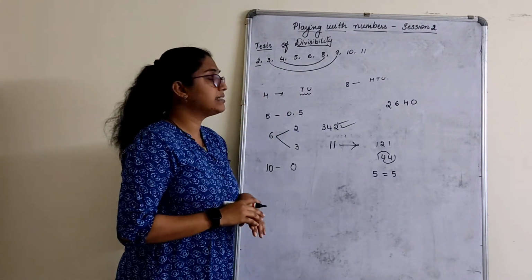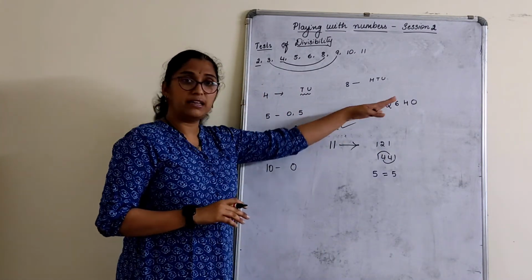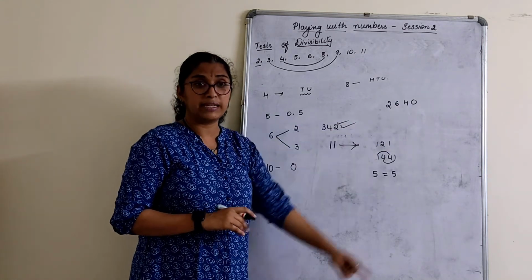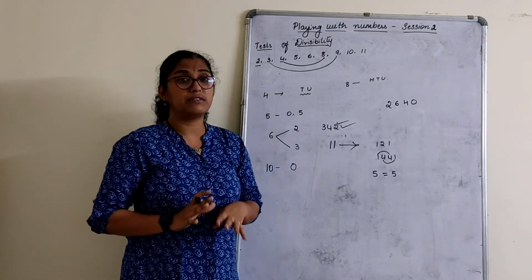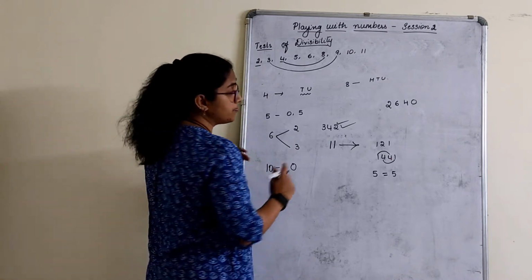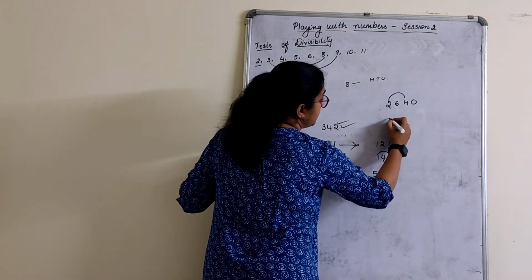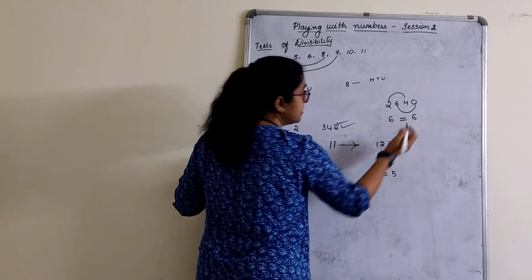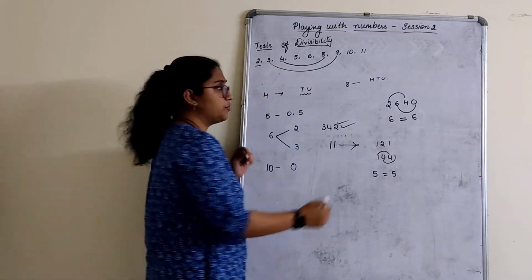I know that this number is an even number, of course divisible by 2 as well as by 10. But still I want to check whether it is divisible by 11 or not. 2 plus 6 plus 0, 8; 8 plus 4, 12... the sums of the alternate digits are compared.